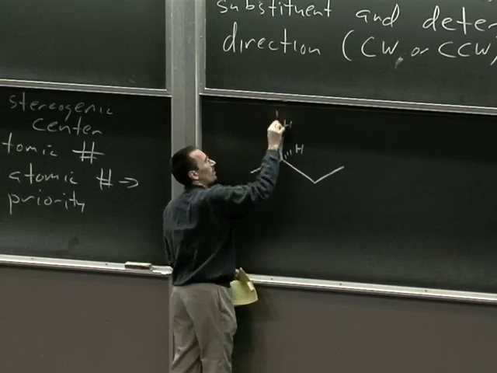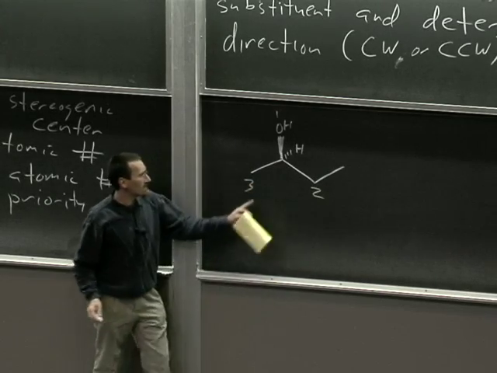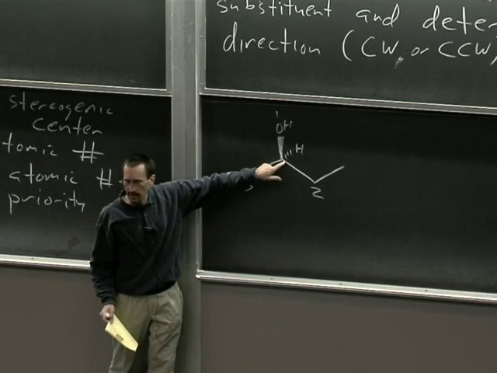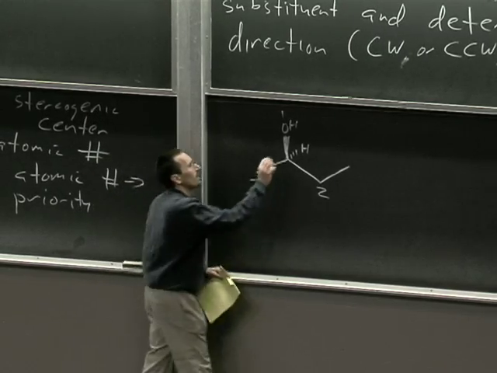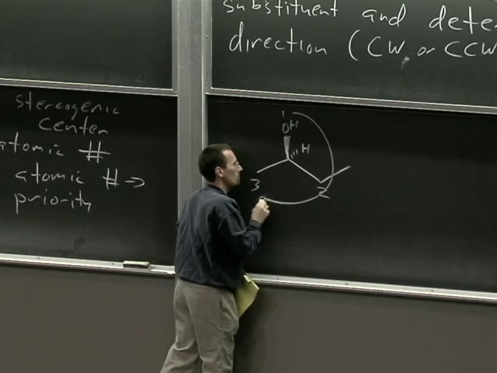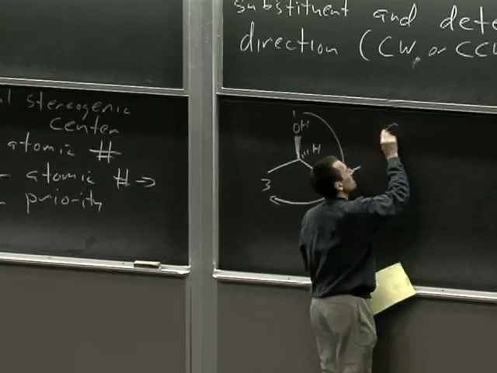So here our OH is 1, our ethyl is 2, our methyl is 3, and I have this hydrogen going back. So we're looking down the bond to it, and I go 1, 2, 3. Our direction is clockwise.